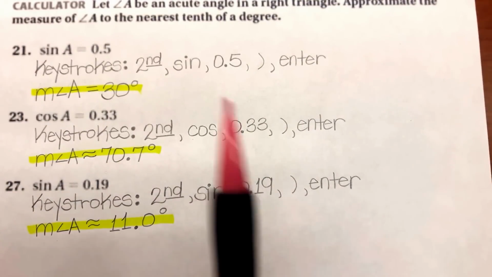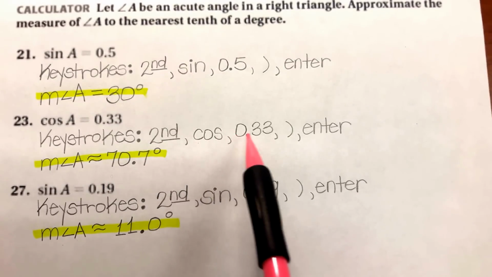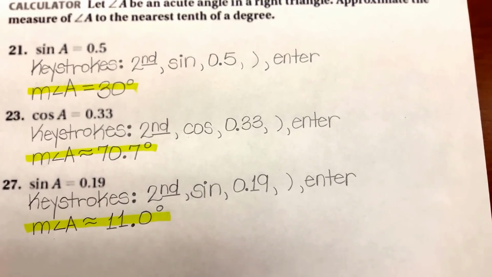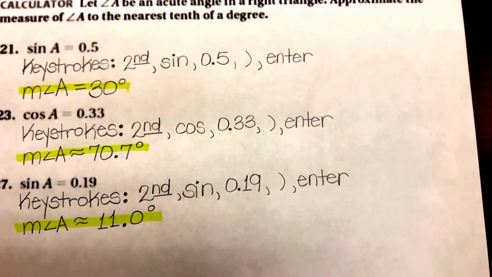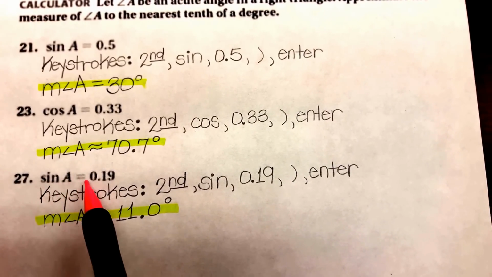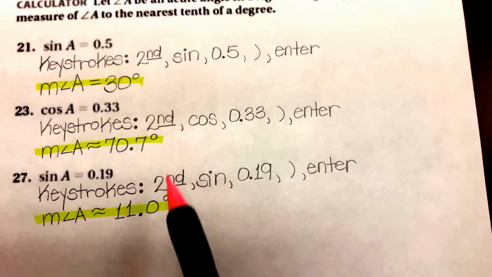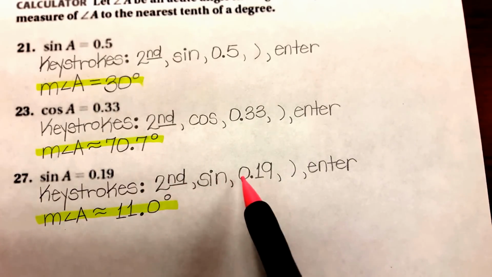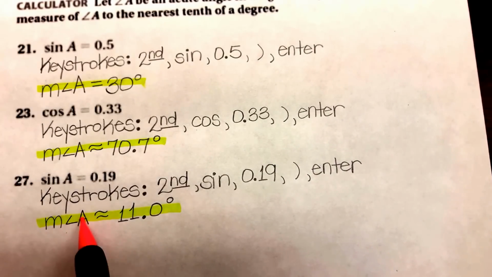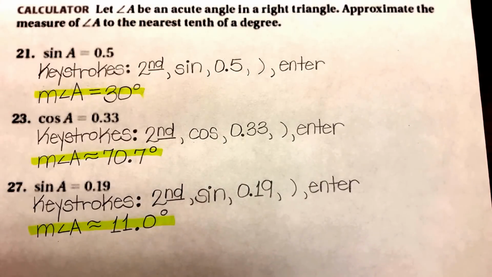So to find angle A, I have to say second cosine 0.33, close parentheses, enter, and my measure of angle A is 70.7 degrees. On 27, I have sine A equals 0.19. My keystroke is second sine 0.19, close parentheses, enter, and the measure of angle A is approximately equal to 11.0 degrees.